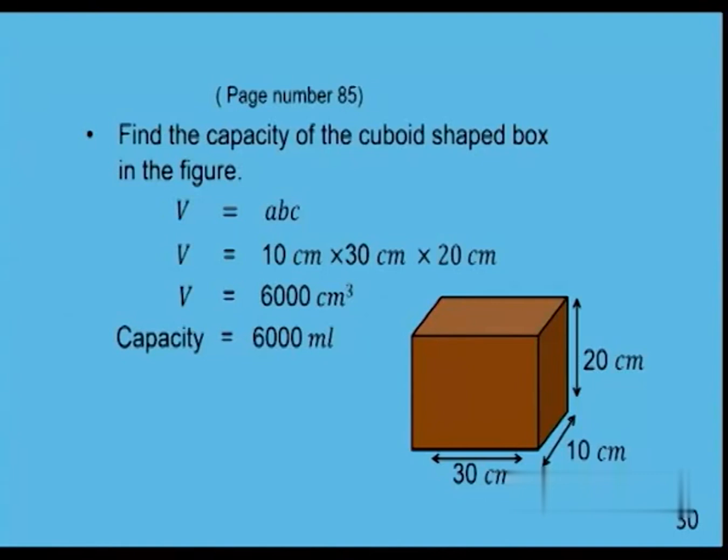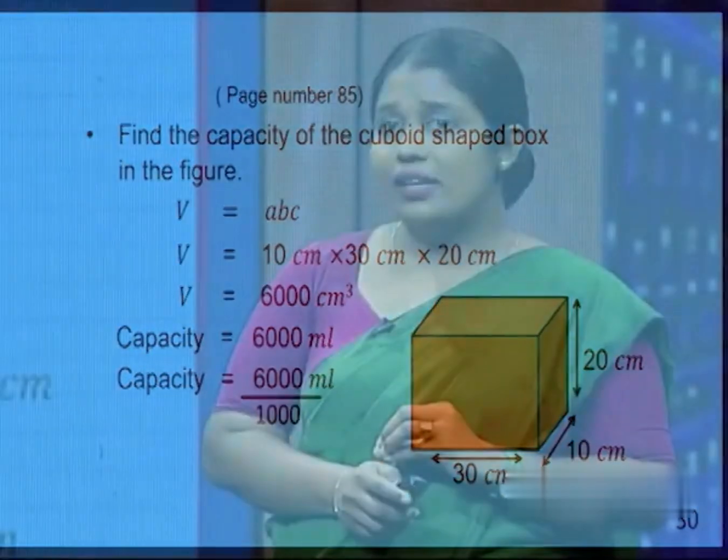If you have the measuring unit in milliliters, by dividing by 1000, you can convert this value into liters. Let's divide this value by 1000. Yes, the capacity is 6 liters. The capacity of this cuboid is 6 liters.